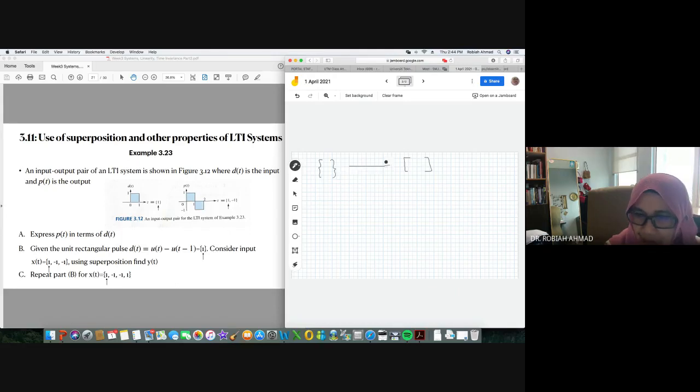For my notes I'm using the bracket, so it actually kalau dalam textbook dia menggunakan parenthesis ni. Okay, so given the input rectangular pulse dt equal to ut minus 1, kenapa ni nanti kita tengok. Consider input xt, using superposition, find yt, and then kita repeat the same system, tapi kali ni the input is 1 minus 1 minus 1, 1.